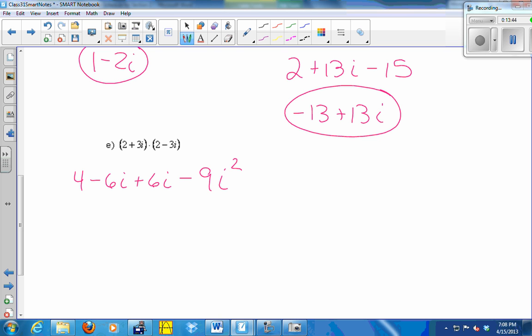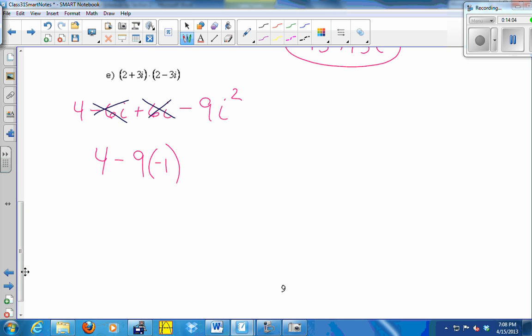My minus 6i and my plus 6i cancel. And then I have 4 minus 9, and instead of i squared, I'm going to replace it with a -1. i squared is -1. So this says 4 minus -9, which is 4 plus 9, which is 13.